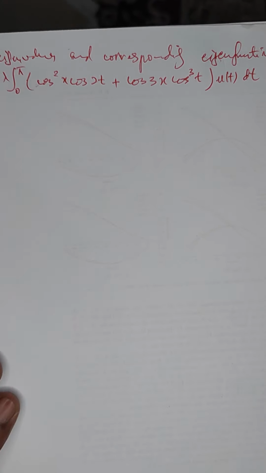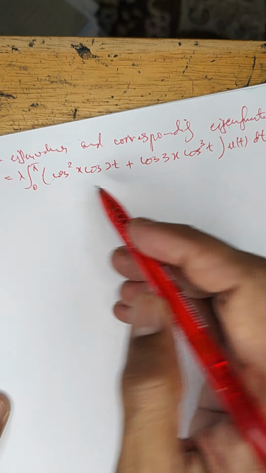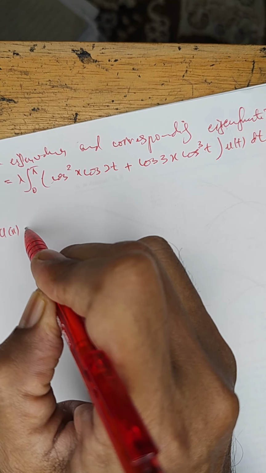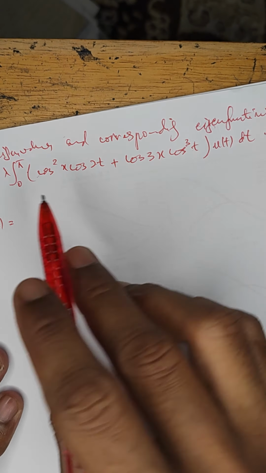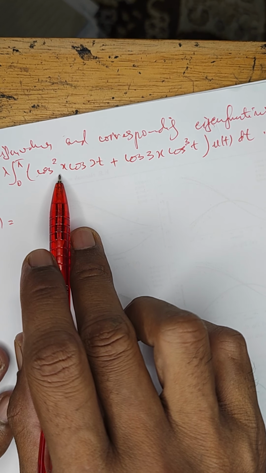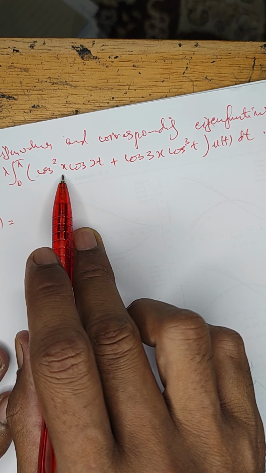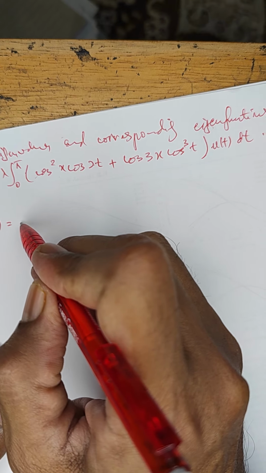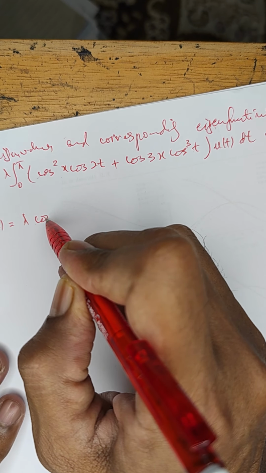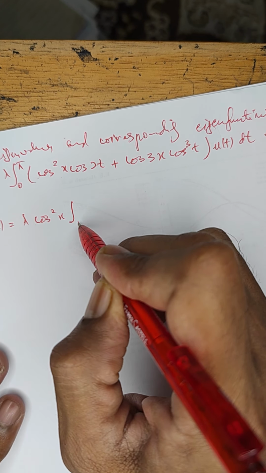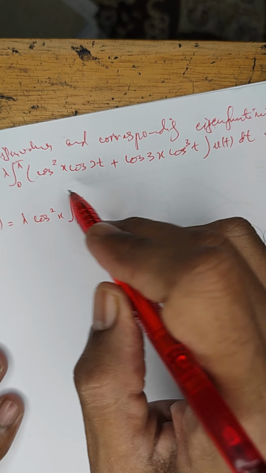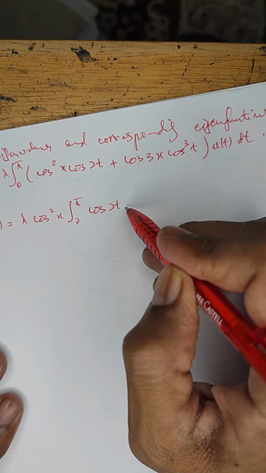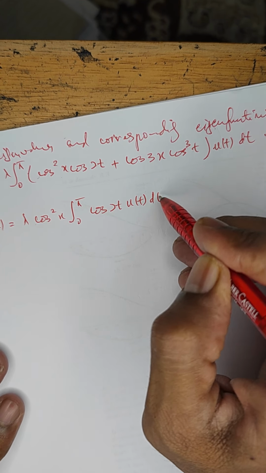And from the given equation here, of course, we can split those. So that gives you ux is equal to, for this, we can take out the function that involves x. So we have lambda cos squared x integrate 0 to pi cos 2t ut dt.